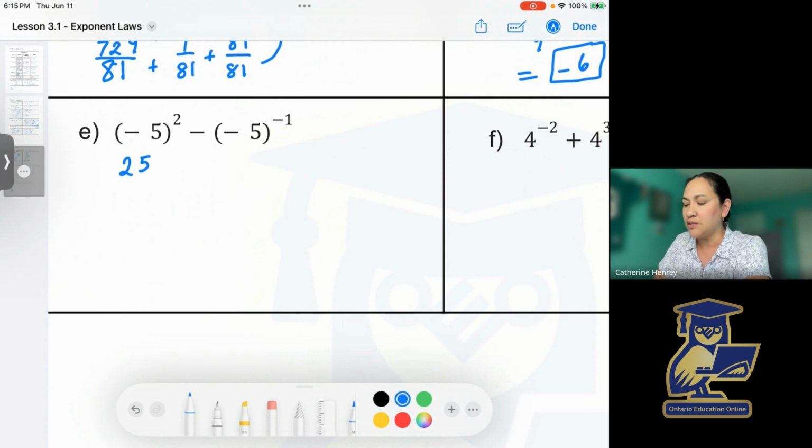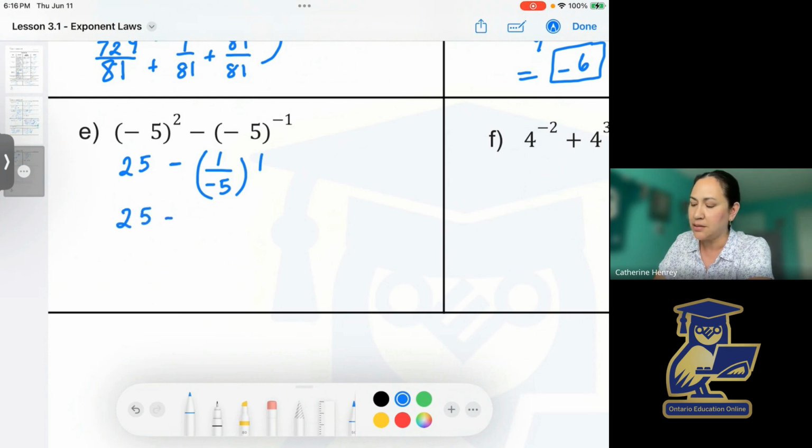And then subtract. We have -5 to the power of -1. So we'll take the reciprocal of -5, and then really that just changes it to -1/5. And we don't really have to do anything if we have an exponent of 1. So we really have 25 minus, we have minus a negative fraction, so that really changes it to plus 1/5.